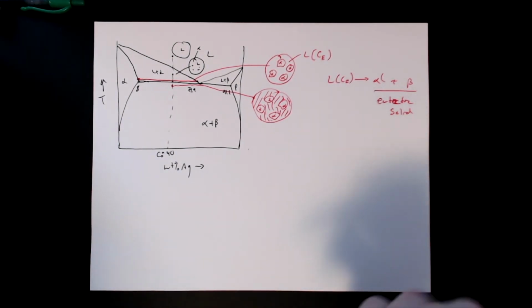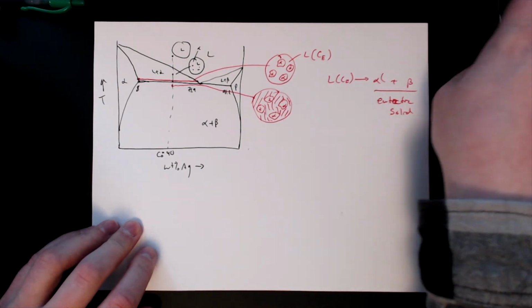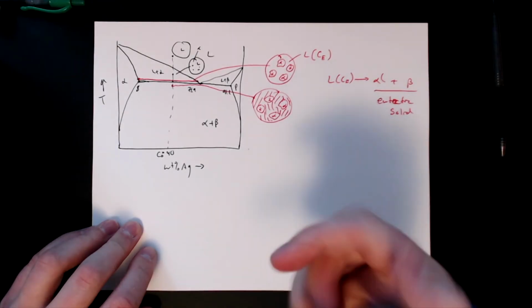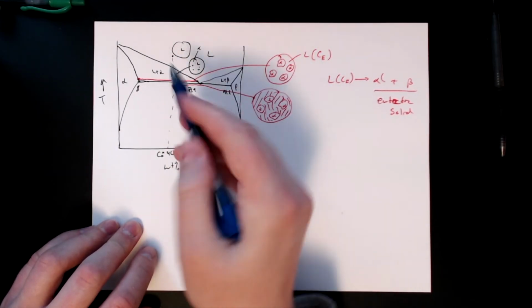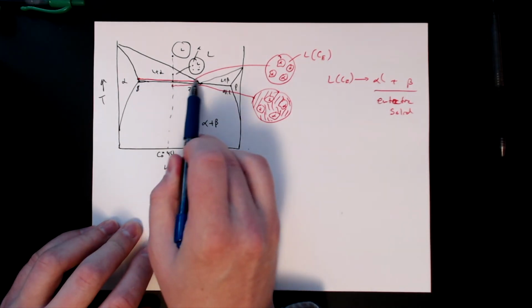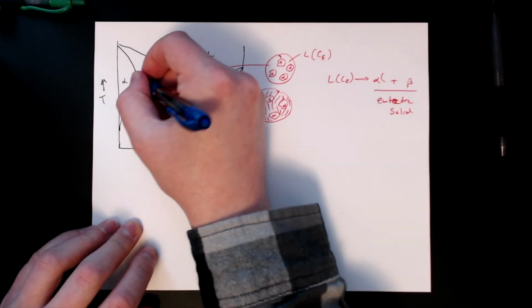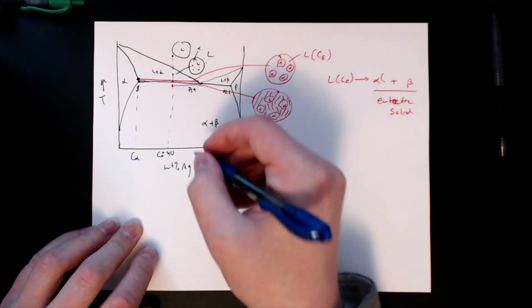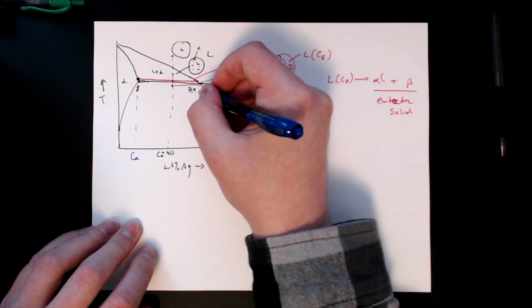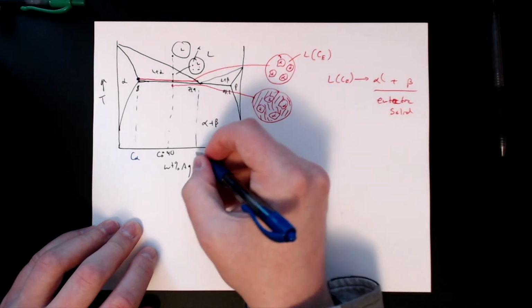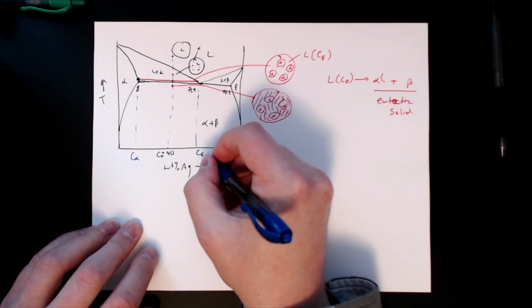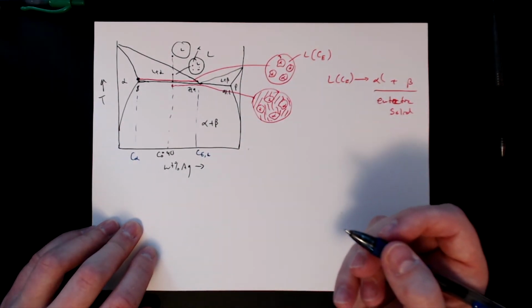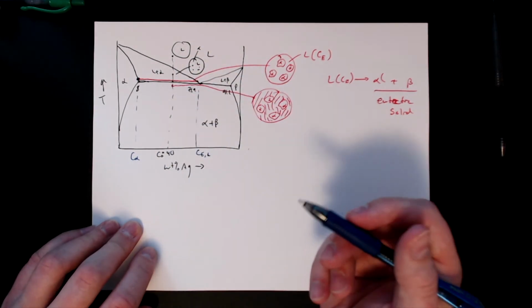Okay, so we need the tie line, and let me go to a third pen. We are going to do the tie line and the lever rule above. So we need this number, which is 8. That's the composition of alpha. We need this number, which is the eutectic, and that's going to be the liquid. And then we have our alloy, so we need that one as well.